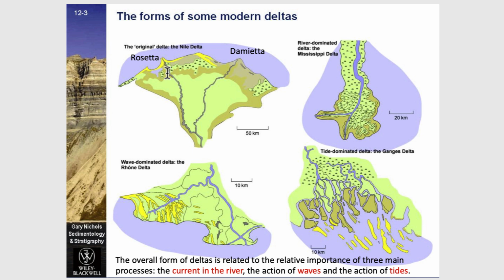Other deltas that are quite important are the Mississippi Delta, and you see a completely different morphology. This is a river-dominated delta, so we can see the effect of a major supply of sediment. If you have a very large river system representing a prominent sediment load, many times it will tend to form levees and accumulations that protrude towards the sea.